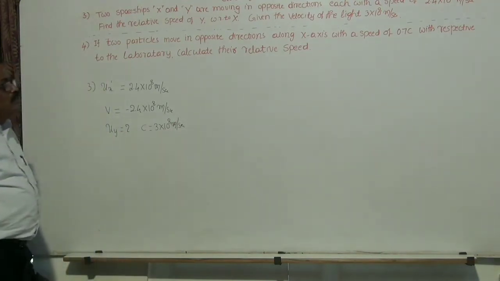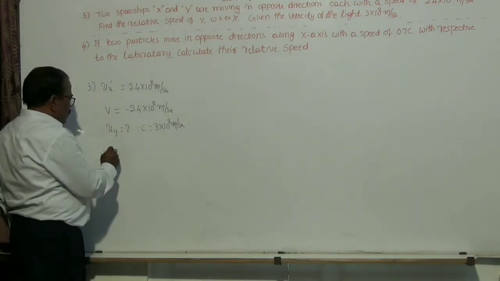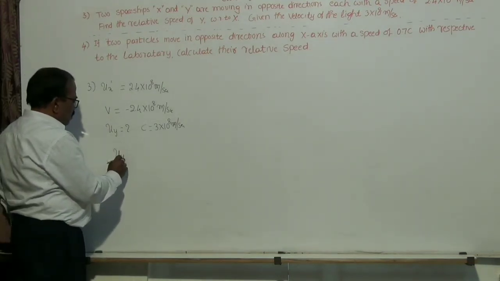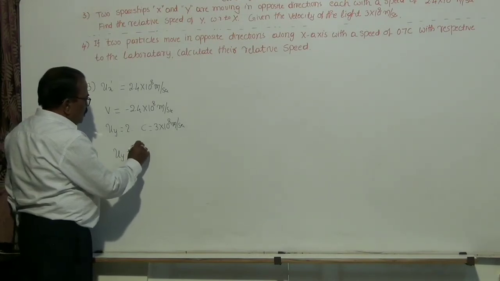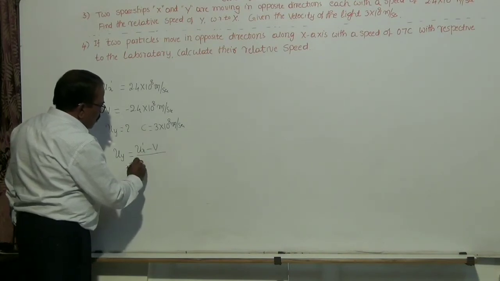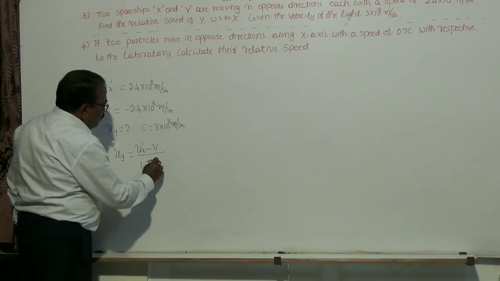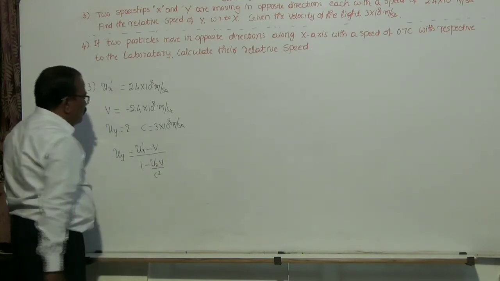It is a relative speed. You know that relative speed of y with respect to x is given by ux dash minus v divided by 1 minus ux dash v upon c square.